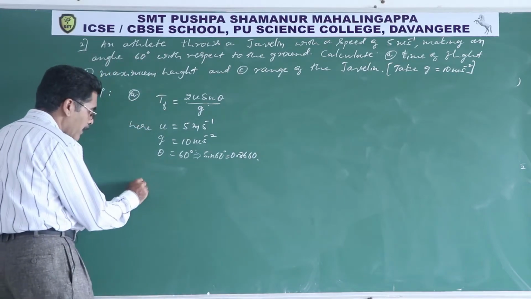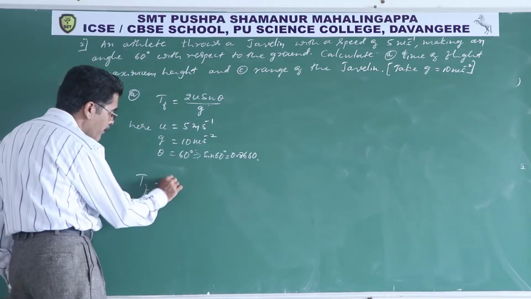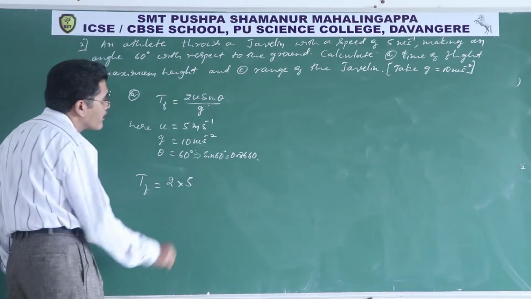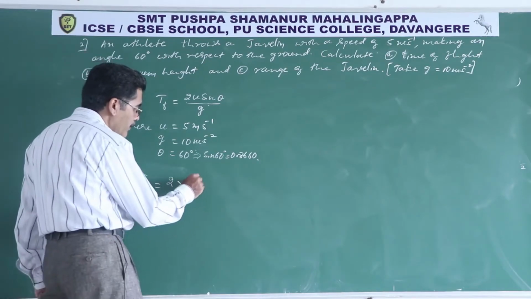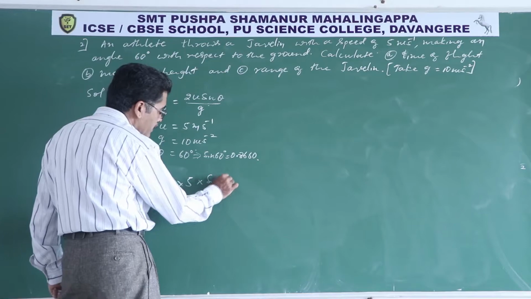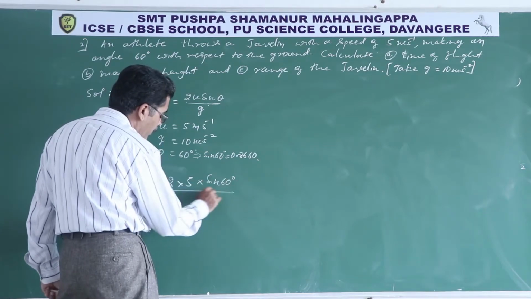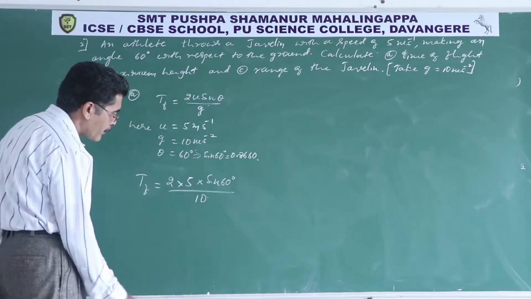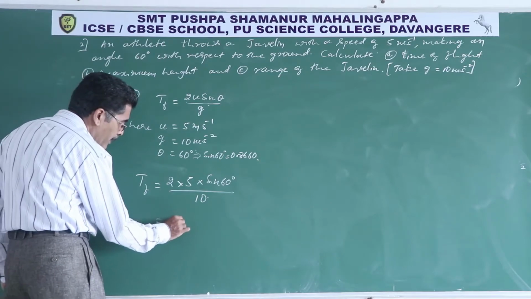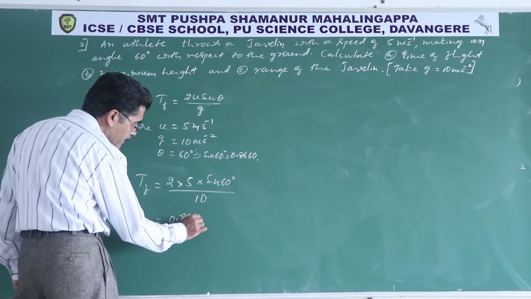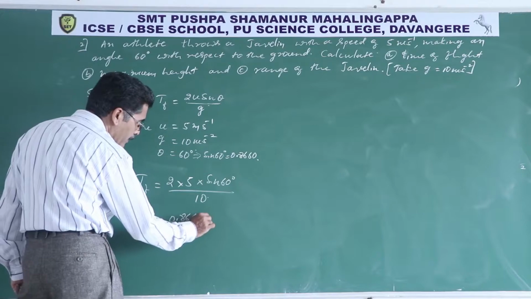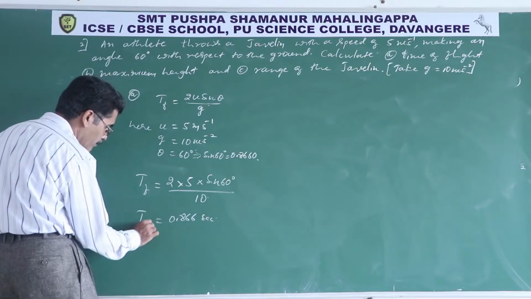Now let us calculate time of flight. Time of flight is given by 2 into 5 into sin 60 divided by 10. So you are going to get 0.866 second. This is time of flight.